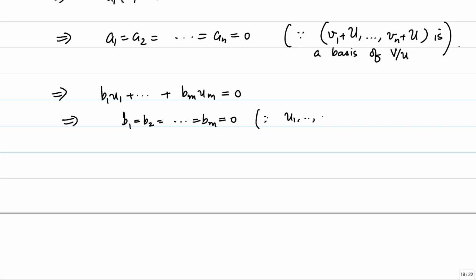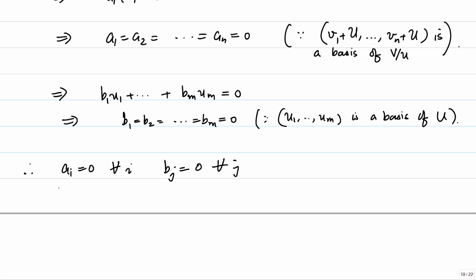Since U1 to Um is a basis of U, therefore Ai is equal to 0 for all i and Bj is equal to 0 for all j, where i is from 1 to n and j is from 1 to m. And this implies that V1 to Vn and U1 to Um is linearly independent.